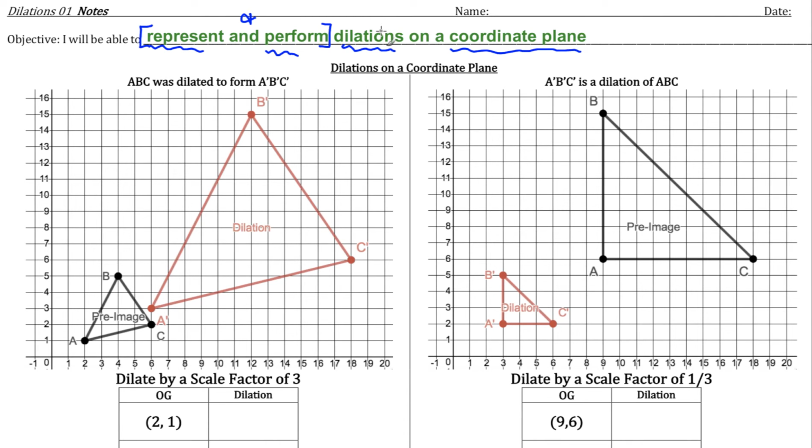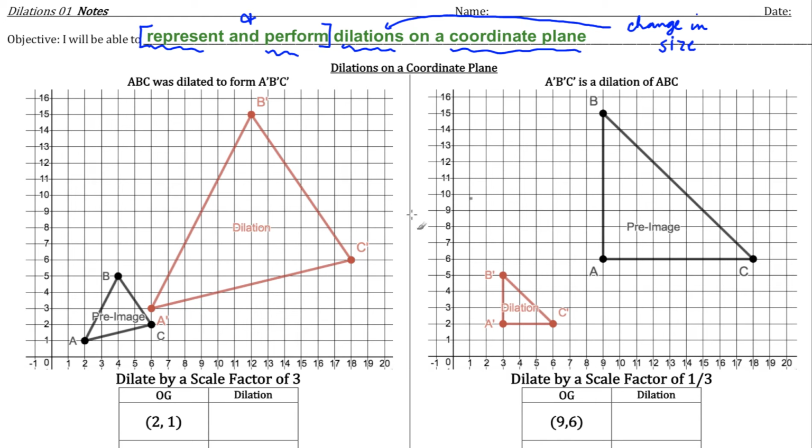Those transformations do not end up producing a non-congruent shape. So the shape still keeps the same size, same angles, same everything. Dilations, on the other hand, are a change in size.